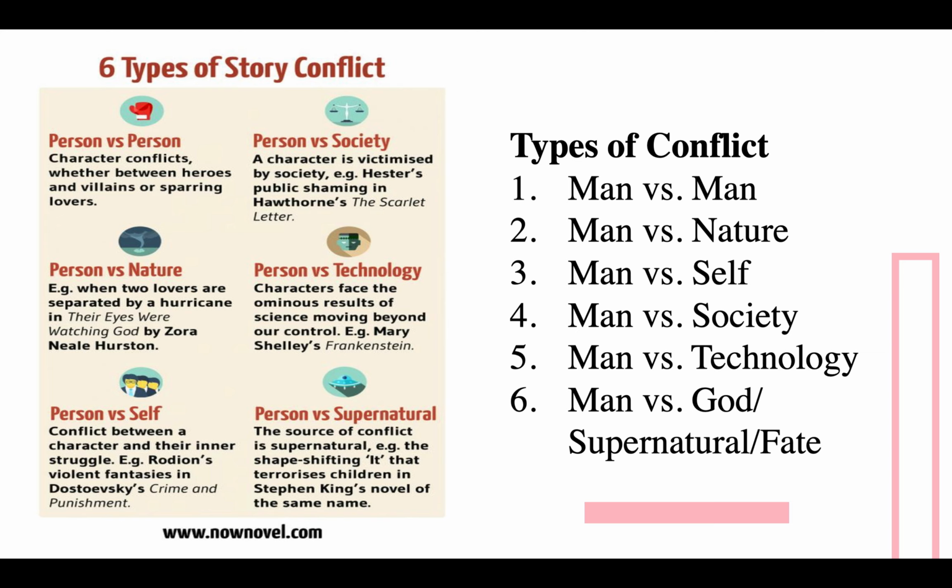So, ang kalaban dito, mga machines. Next, man versus God, supernatural, or fate. The man versus fate conflict occurs when a character is made to follow an unknown path. It forces the character to act on his fate and occurs when the character finds himself in a helpless position.